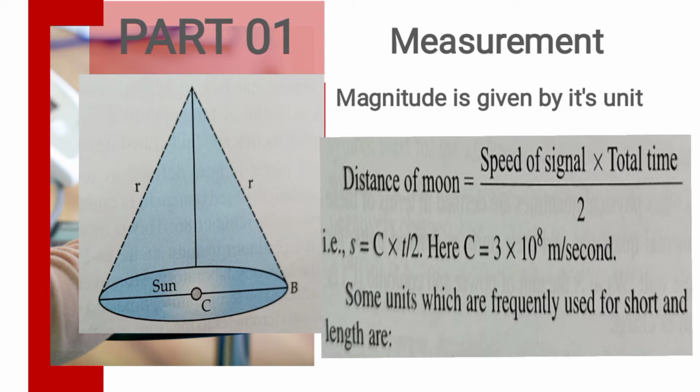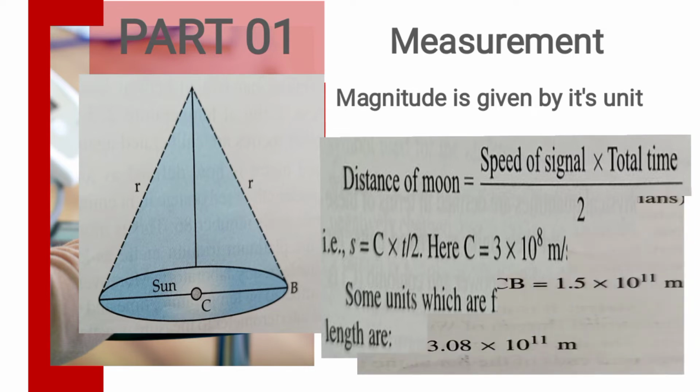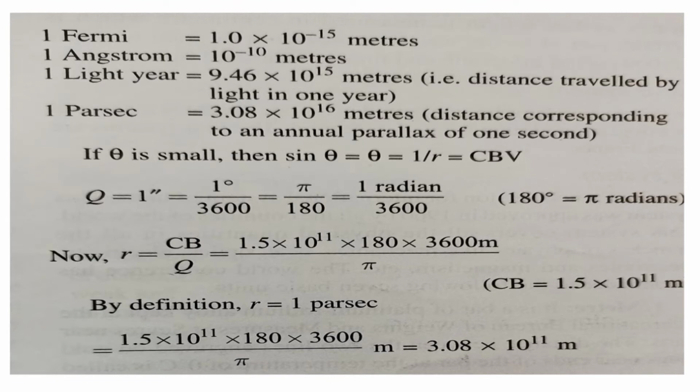Some units which are frequently used for short and long lengths are Fermi, angstrom, light year, and parsec. These should be remembered, and many of you have learned these previously in your 12th classes also.